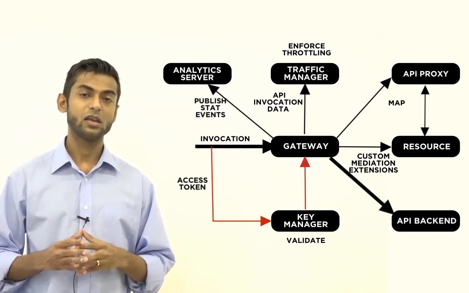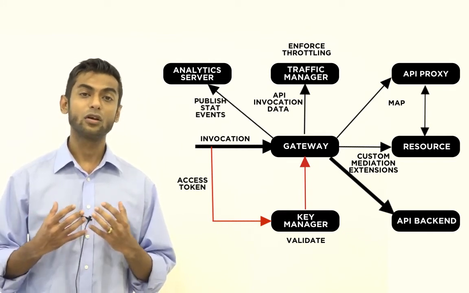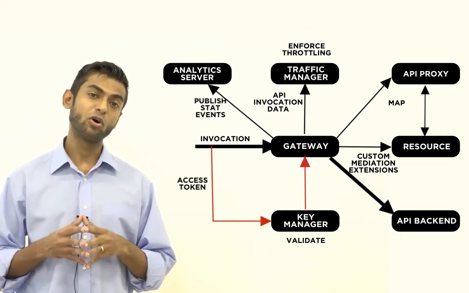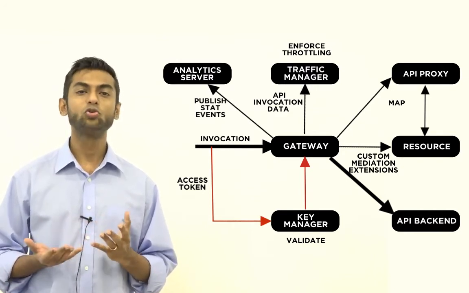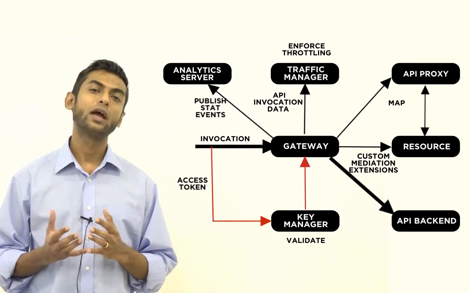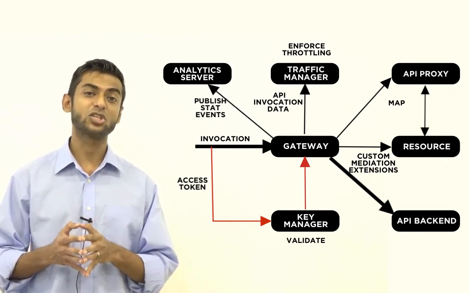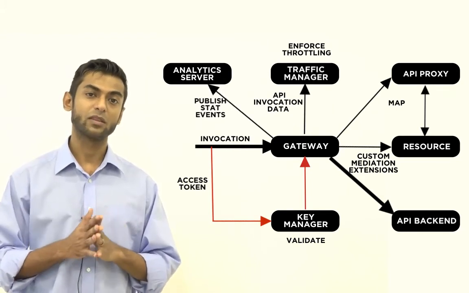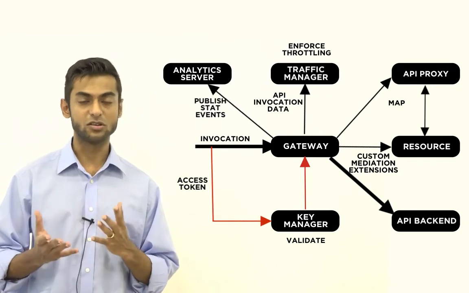But if the gateway component is actually deployed in the demilitarized zone of your network, you may not want to have information such as key validation information in memory of the gateway, which might be deemed a security risk.